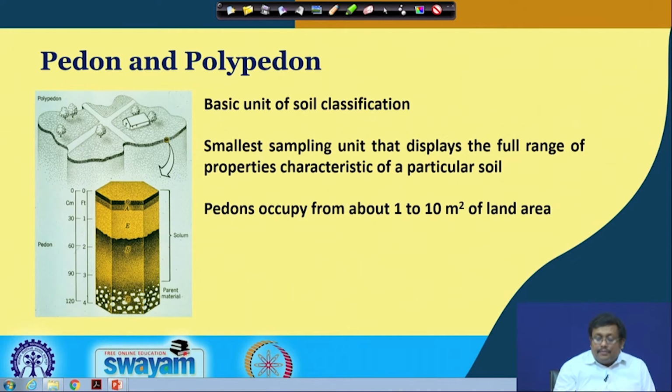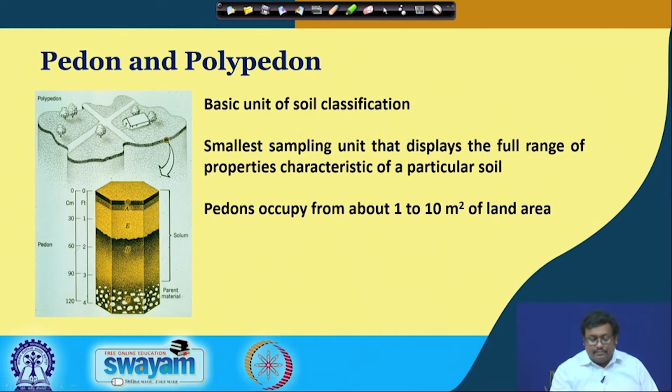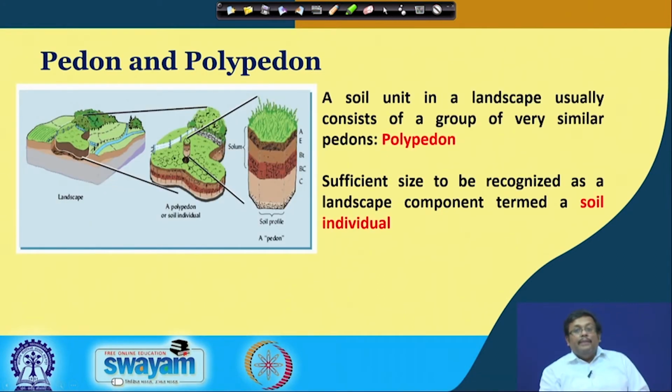Now let us discuss another important term called polypedon. A polypedon is basically a soil unit in the landscape which usually consists of a group of very similar pedons.